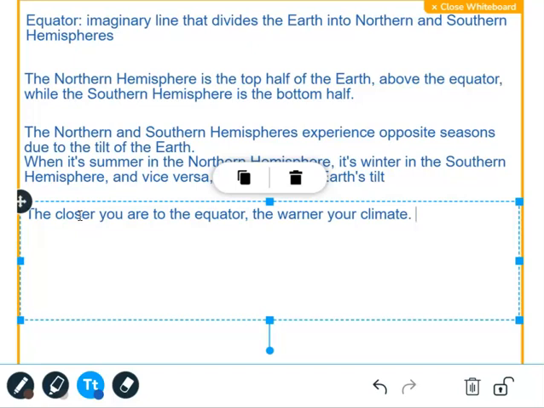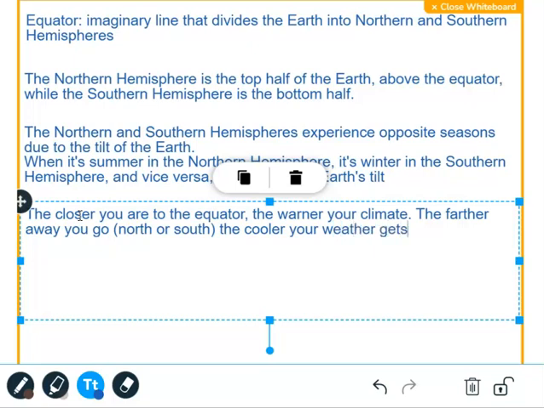The closer you are to the equator, the warmer your climate. The farther away you go, north or south, because you've got the North Pole and the South Pole, the cooler your weather or climate gets.